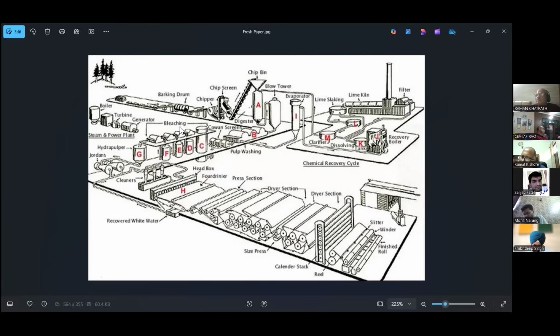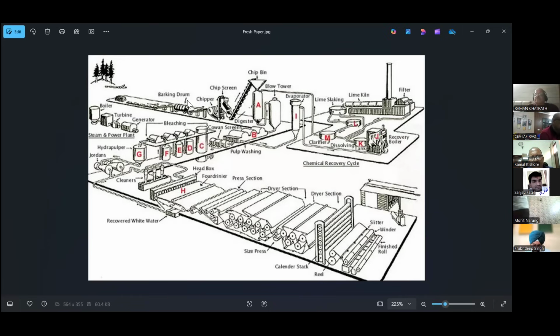Okay, bark. Taking out the outer layer of the stem. Stems की जो outer layer होती है, that may be in the dark gray or black form में. So this bark is not required for the paper machine. So first in the barking drum, we are removing all the bark from the stems.